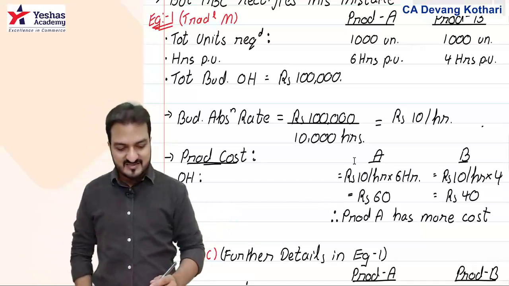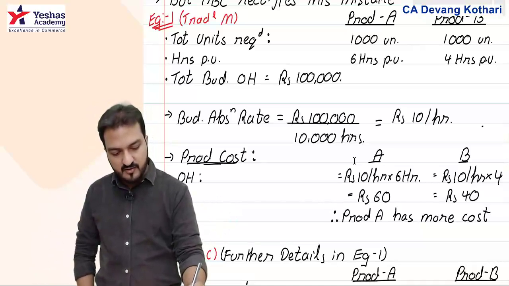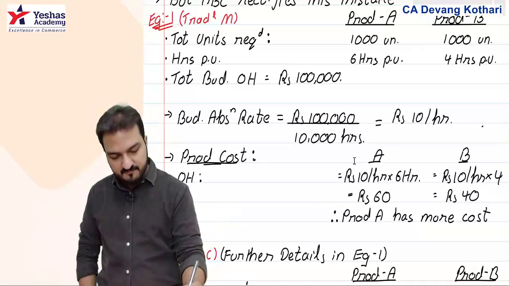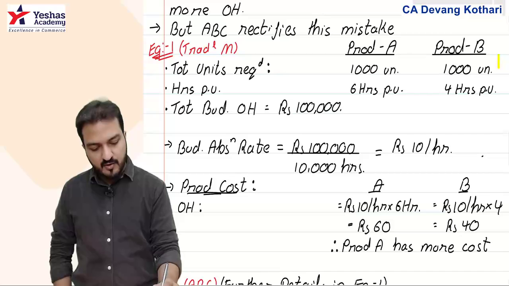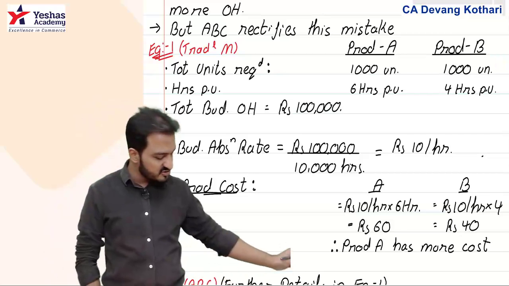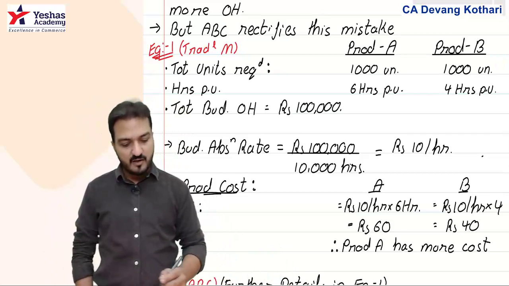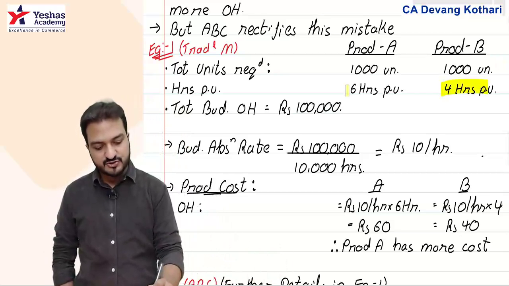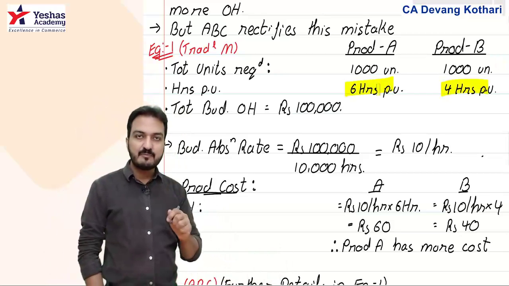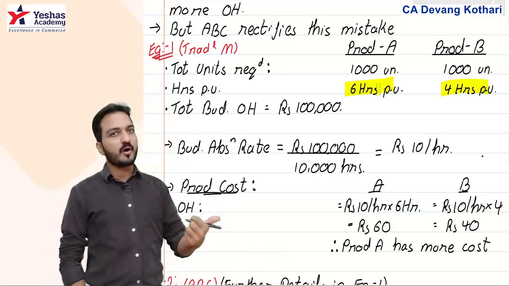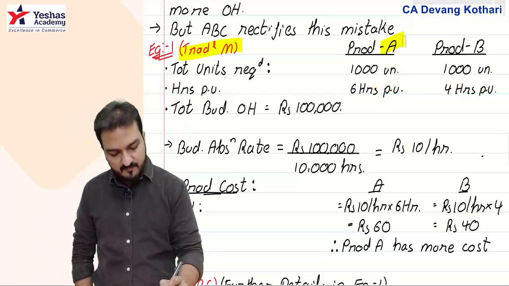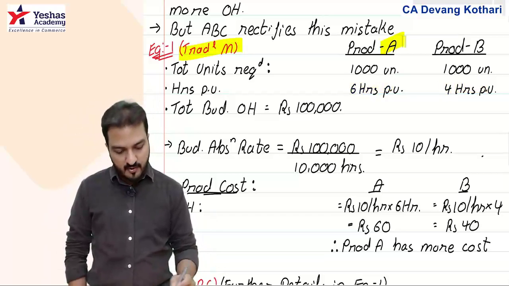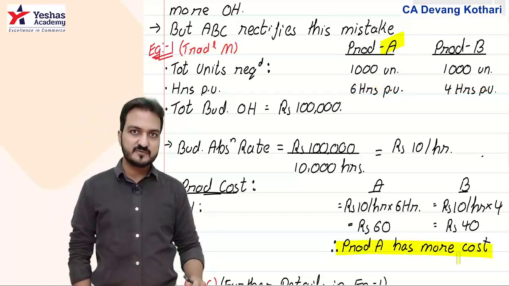You saw in this example that if I have two products, product A and product B, then product A requires 6 hours of production and product B requires 4 hours of production. So the production time taken is more in product A. So as per the traditional method, if product A takes more time, product A will be given more cost.